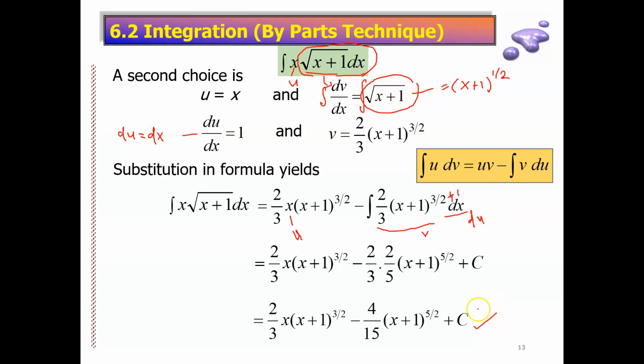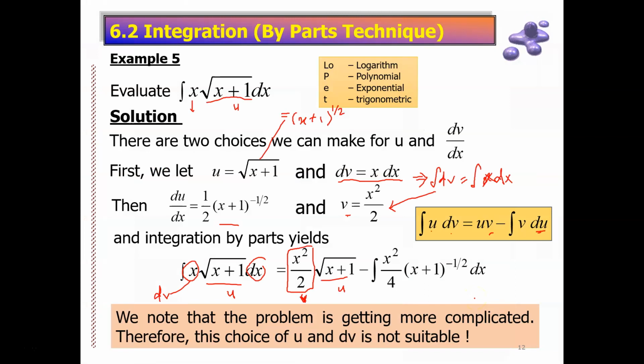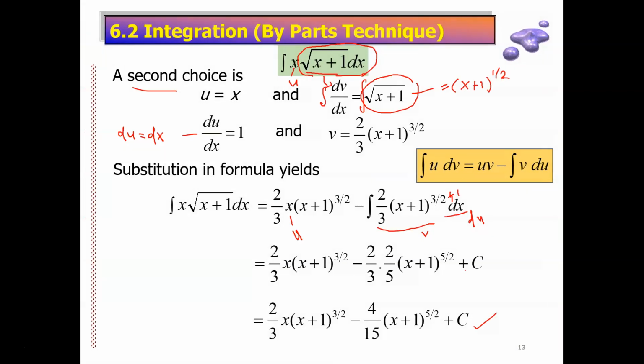If we compare our second choice with the previous first choice, the first one is a bit more complicated, since you have a square root and a negative power. When it's getting complicated, for sure your answer is wrong.